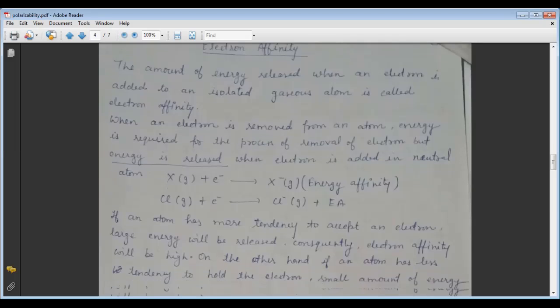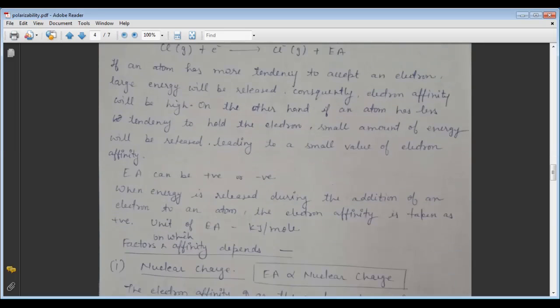If an atom has more tendency to accept an electron, a large amount of energy will be released. Consequently, electron affinity will be high. On the other hand, if an atom has less tendency to hold the electron, a small amount of energy will be released, leading to a small value of electron affinity.